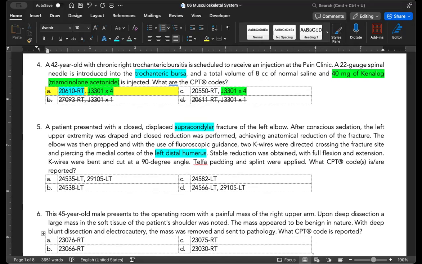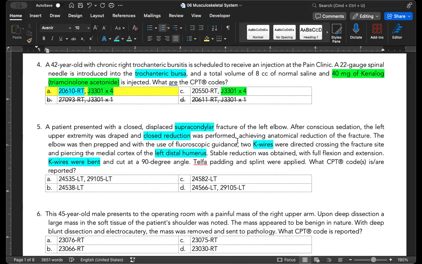Okay. So we did do a closed repair, right? That closed reduction. So that's part of it. However, when we are using K wires, right? We see that term K wires here. And then again, down here, we see that those K wires were bent.